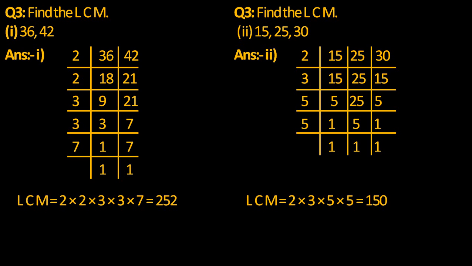Now 15 will be divisible by 3. 3 5s are 15, 25 take it down as it is, again 3 5s are 15. Now 5 is present, so 5 1s are 5, 5 1s are 5, and 5 5s are 25. Again 5 1s are 5. So now the LCM is 2 multiplied by 3 multiplied by 5 multiplied by 5. So the LCM of 15, 25 and 30 is 150.